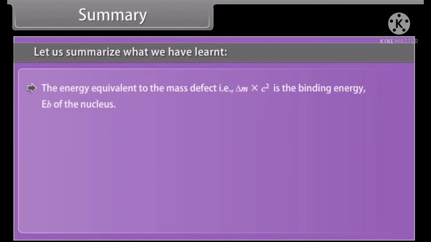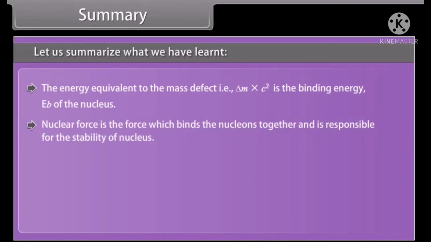The energy equivalent to the mass defect, that is delta m c², is the binding energy, EB, of the nucleus. Nuclear force is the force which binds the nucleons together and is responsible for the stability of nucleus.